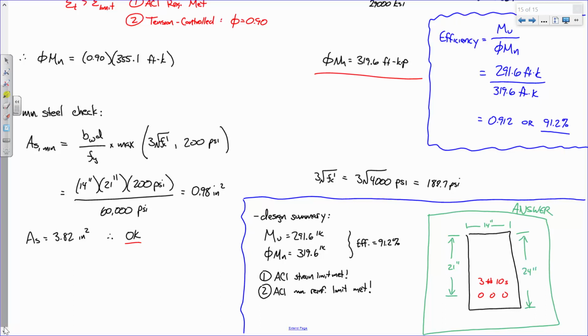Does that make sense? Okay, and here's your support here, here's your support here. Now, what we just designed, these three number 10s, those are the pieces of reinforcement that are running this way.